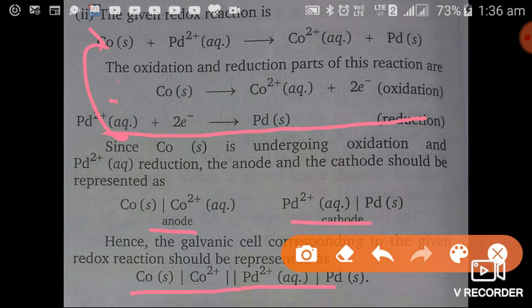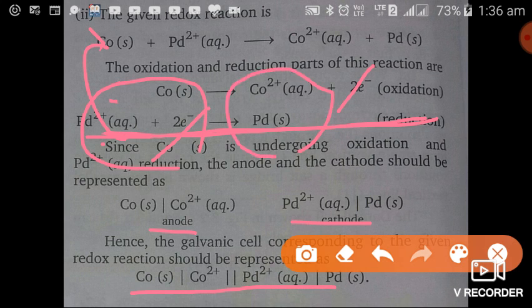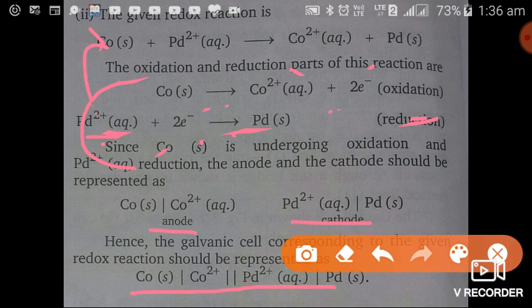Why and how? When we add both oxidation and reduction half parts, the electrons will cancel out, and on adding the left sides together as reactants and the right sides as products, we again get the reaction which was split into reduction and oxidation half cells.